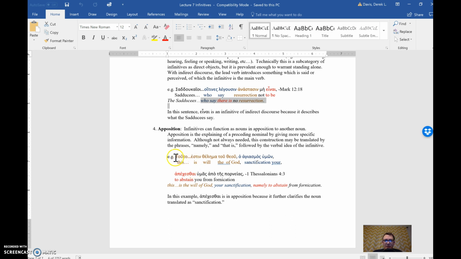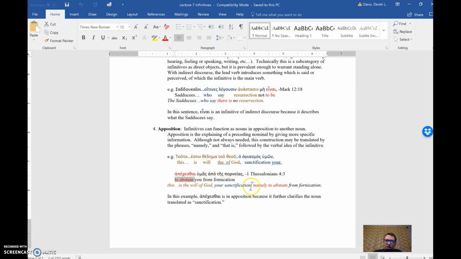So here, the example out of 1 Thessalonians 4:3, this is the will of God, sanctification of you, to abstain you from fornication. Literally, what we're dealing with here is the infinitive, to abstain. This is the will of God, your sanctification, namely to abstain from fornication.